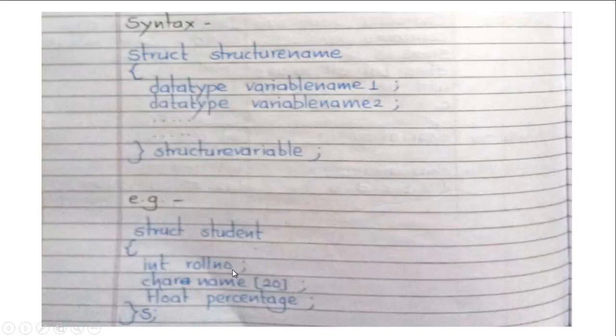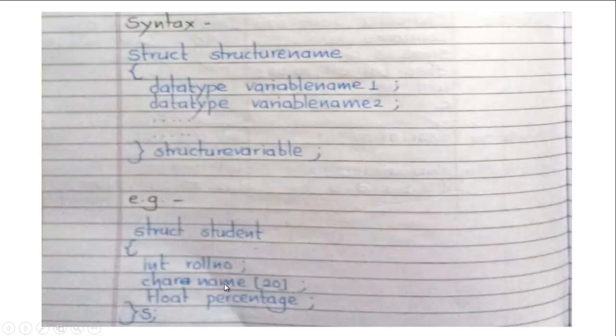For example, the student having roll number, name and percentage, but the data type for each of these elements is different. One is integer, one is character, and other is float. Roll number is a simple number, so it can be integer.